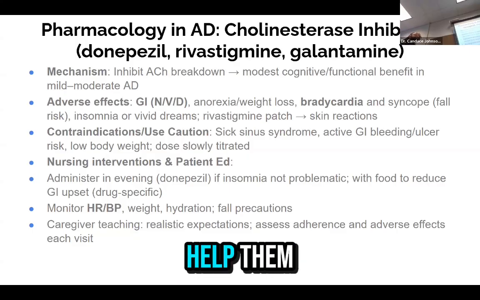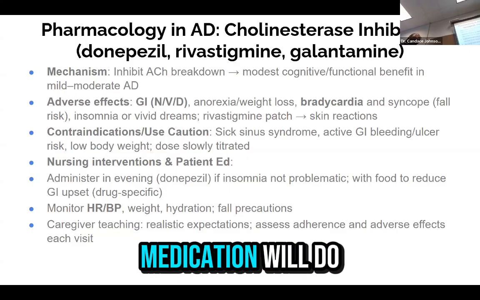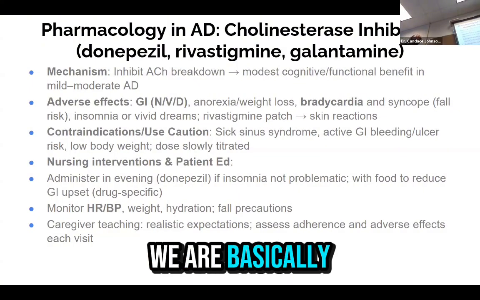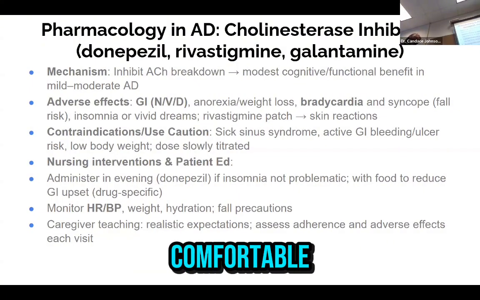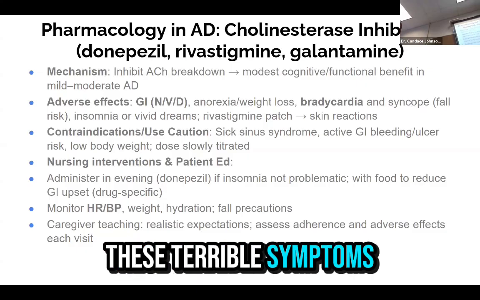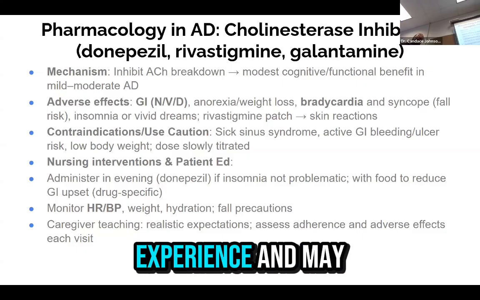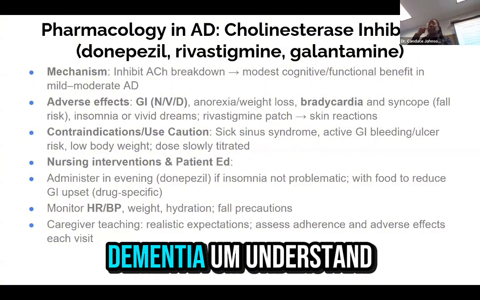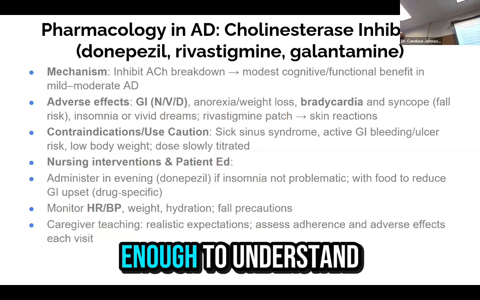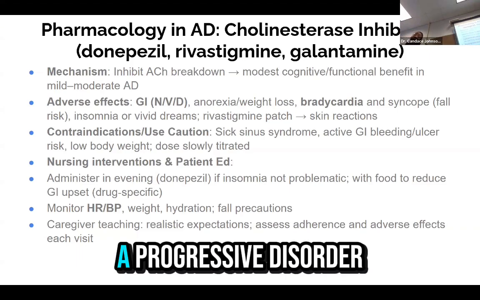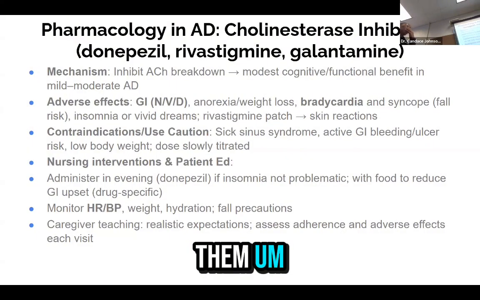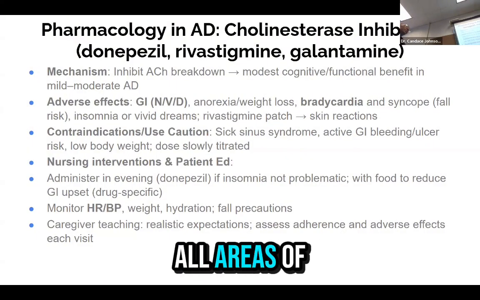We want to help them be realistic about what this medication will do. It's no cure. We are basically helping the patient be more comfortable with these terrible symptoms that, because of the nature of dementia, they may not understand. They may not even be present enough to understand that they have a progressive disorder affecting all areas of their life.